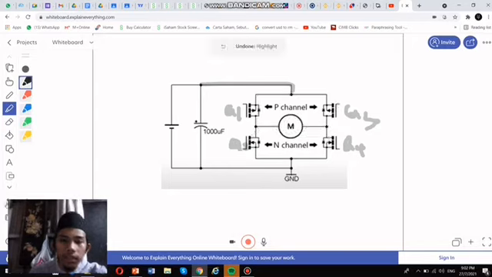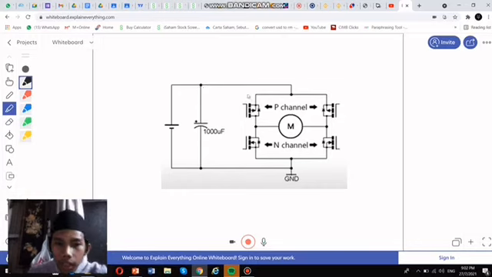While this is the first method, for the second, if Q1 is off and Q4 is off, the current will go through here, through the motor, and through Q2 and to the ground. The motor will go counterclockwise, while Q1 and Q4 is for clockwise.